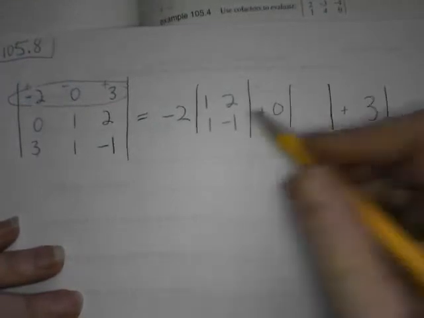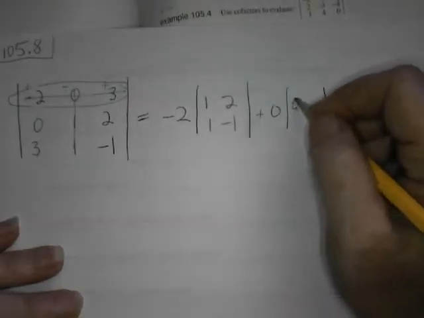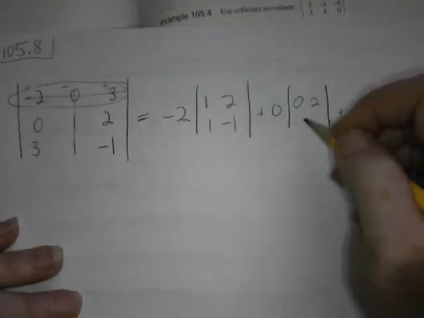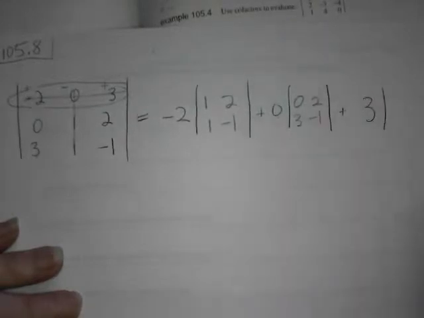No. I'll put it in there just so you can see the procedure, but it doesn't matter what's in there, because when I multiply it by 0, it's going to go away anyway.